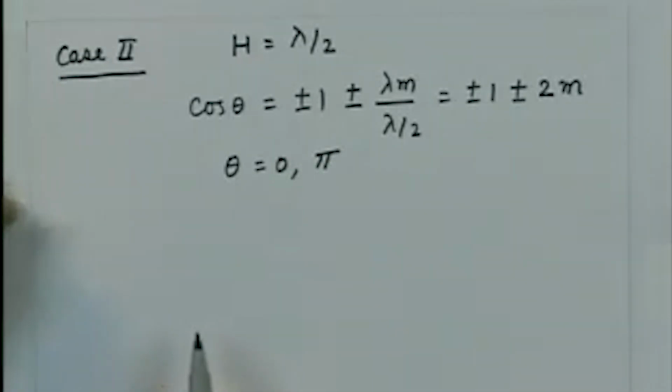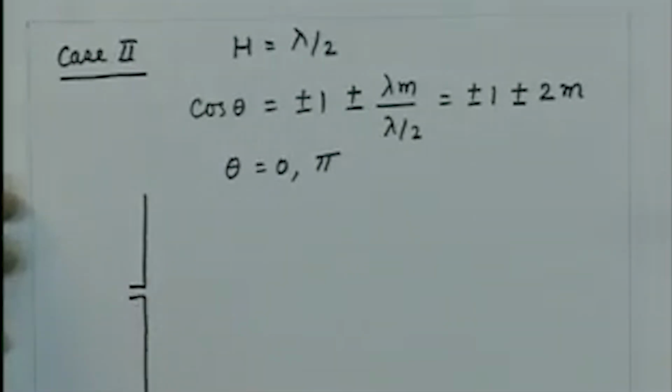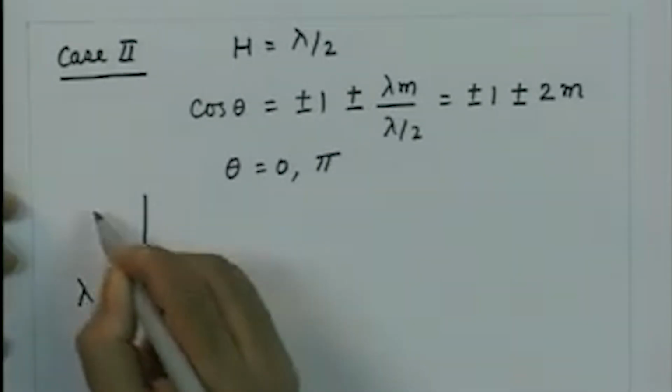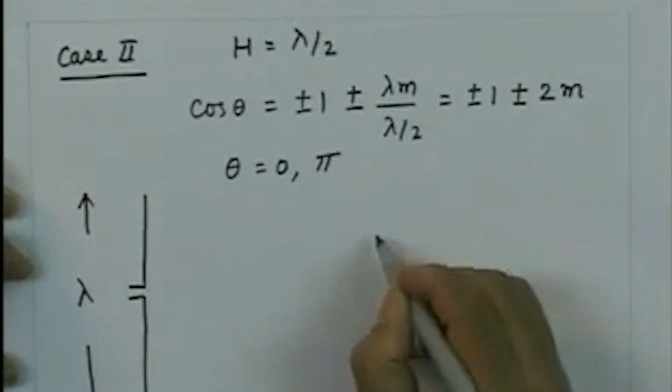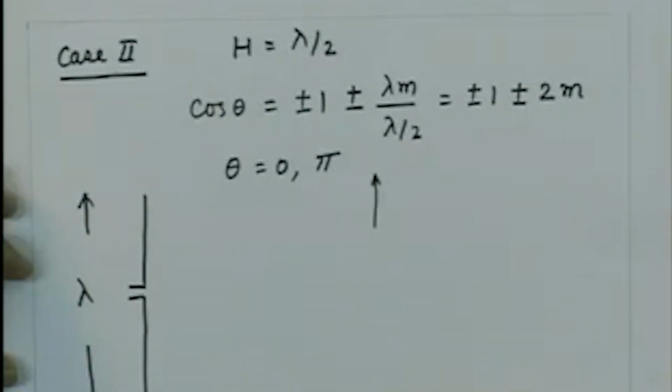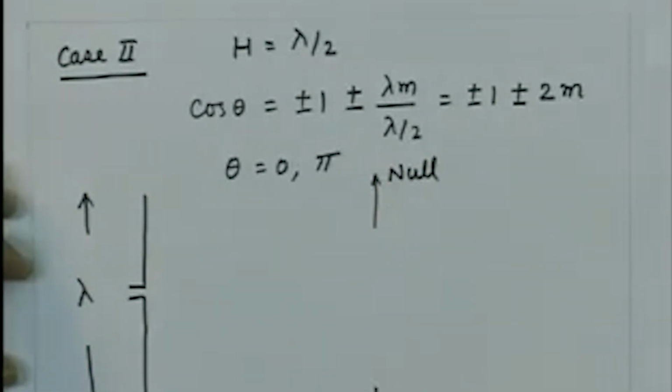So even for a dipole which is one wavelength long, which is this is now lambda, the directions of nulls are still the same, which is theta equal to 0 and theta equal to pi, and the direction of maximum again because of symmetry will be halfway.